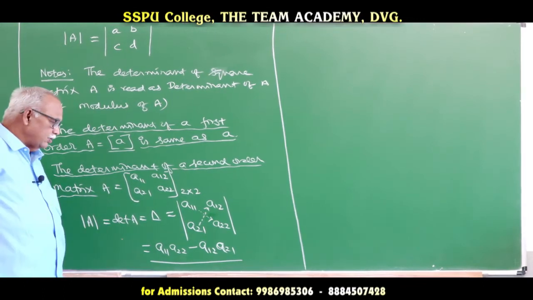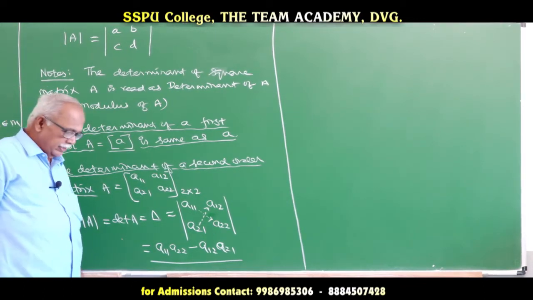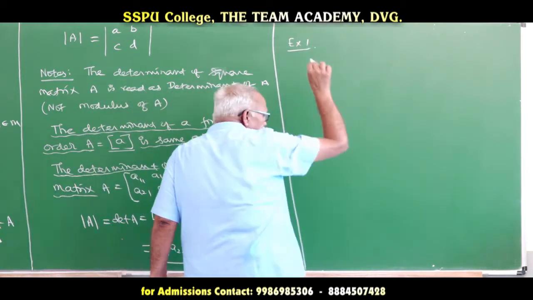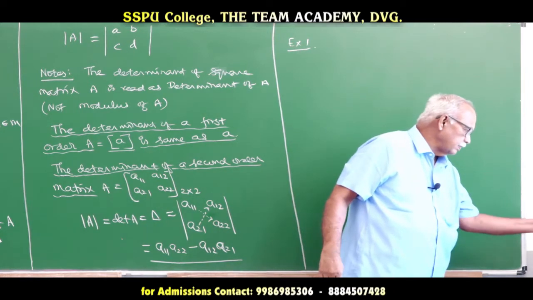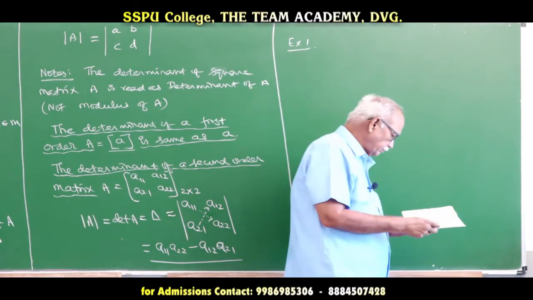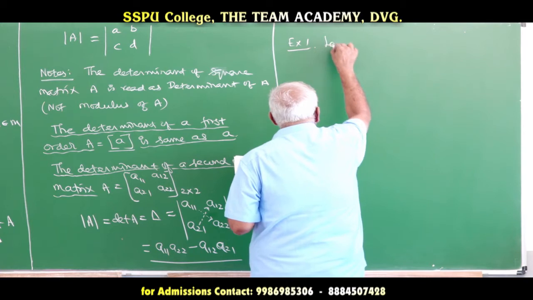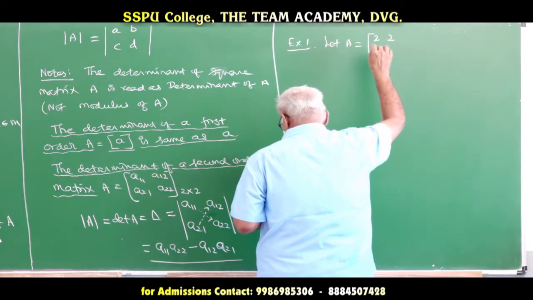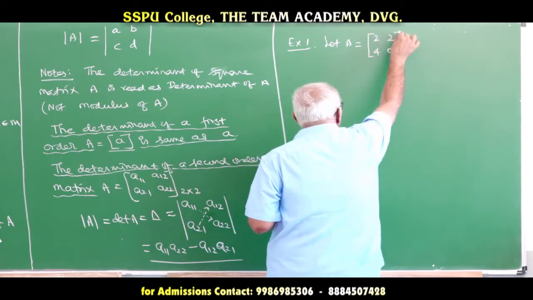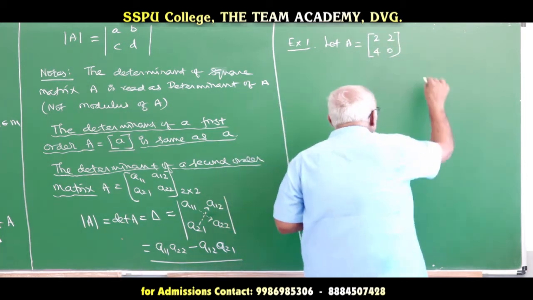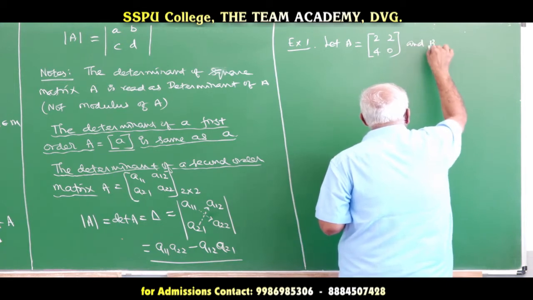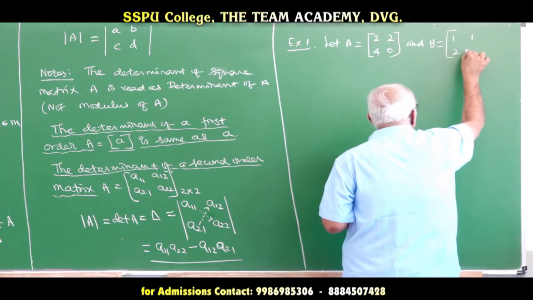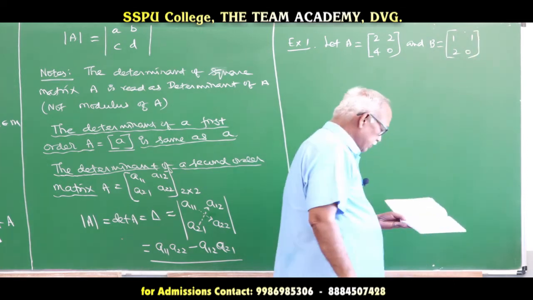Here I will do some examples. Example 1. Let A is equal to 2, 2, 4, 0 and B is equal to 1, 1, 2, 0, square matrices.